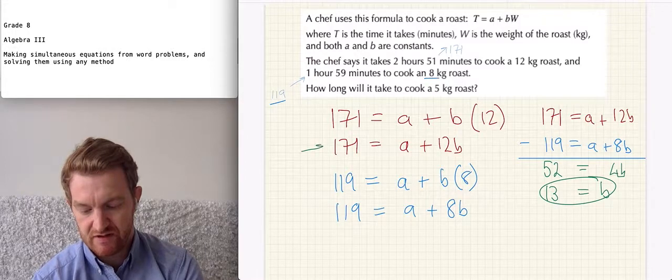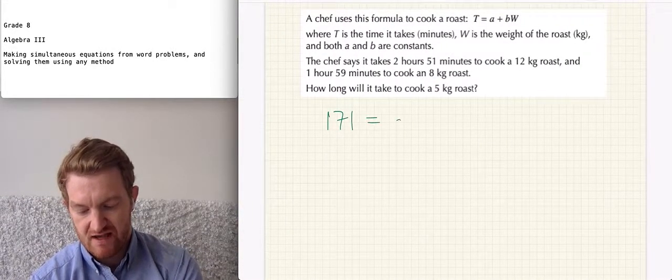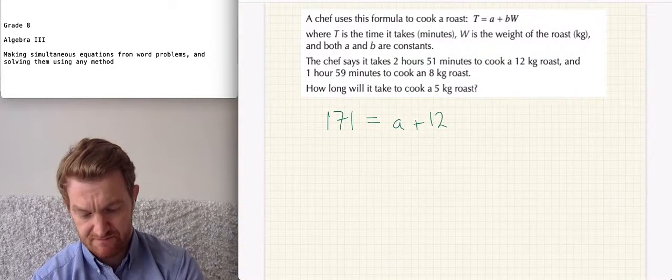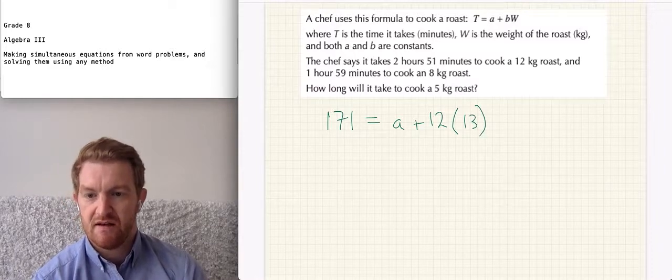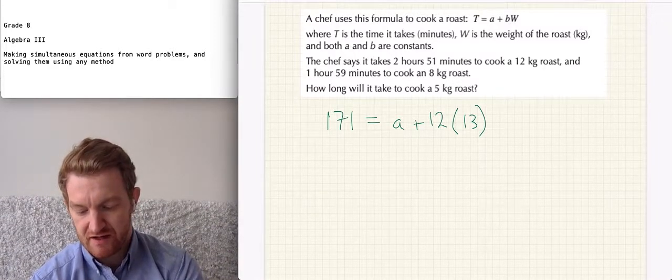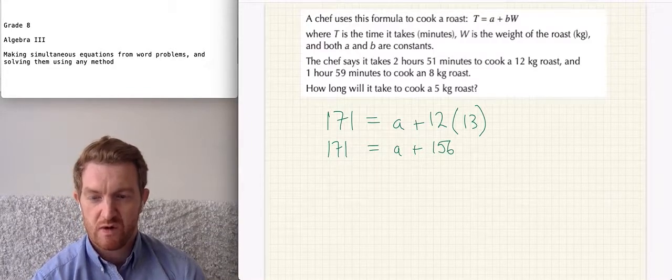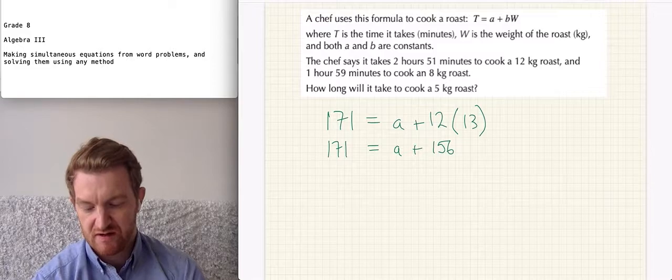We're going to put it into this equation here. So 171 equals A plus 12 lots of, and we now know that B is 13. Hopefully everyone can do 12 13s. Don't worry if you can't, you can use your calculator. 171 is equal to A plus 156. 12 12 is 144 plus another 12.